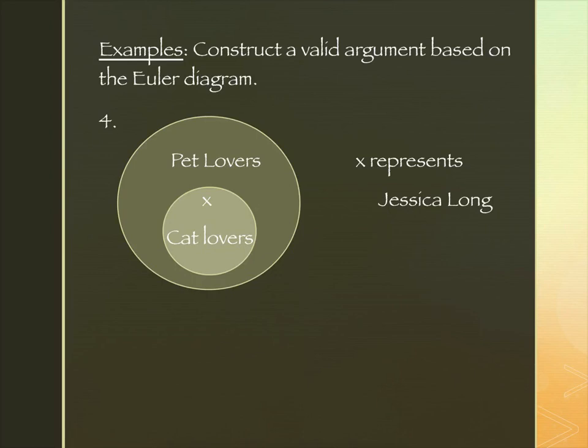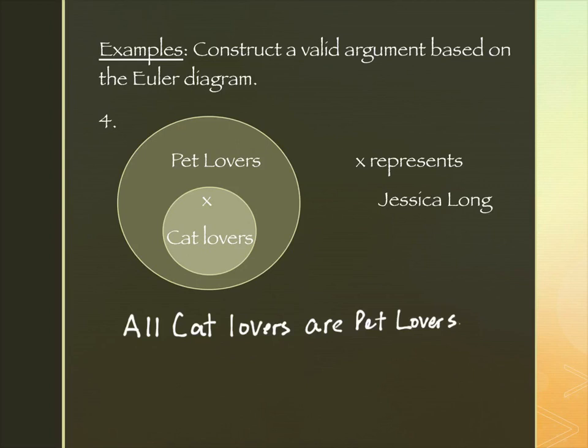Because of the way the circles are constructed, what kind of a statement will this start out as? All. Good. All what? Good. We start with what's inside. So all cat lovers are pet lovers. All right, that's the first statement.